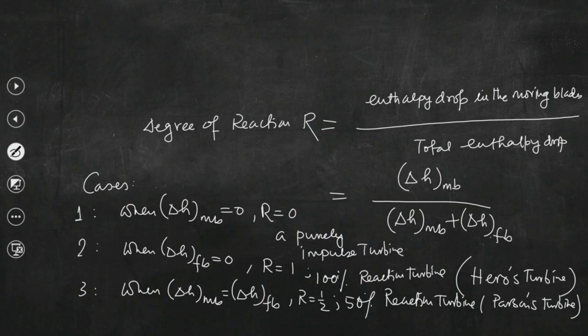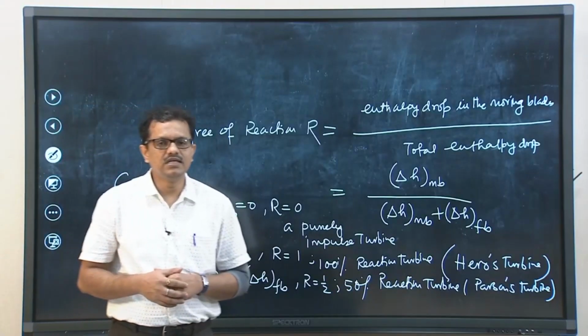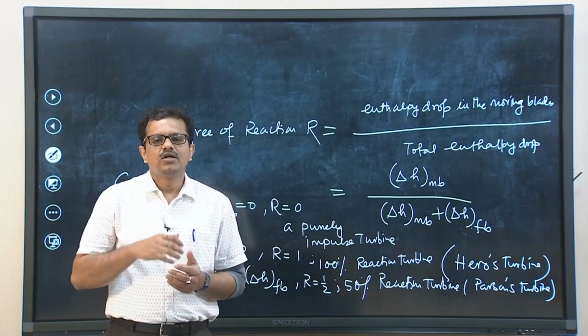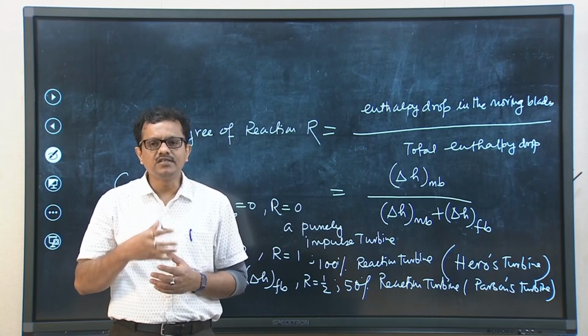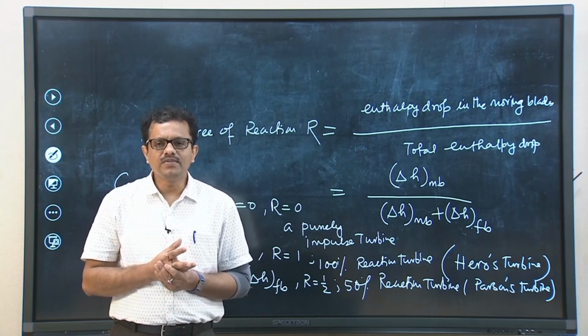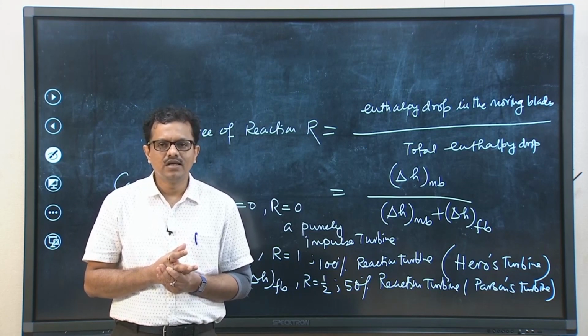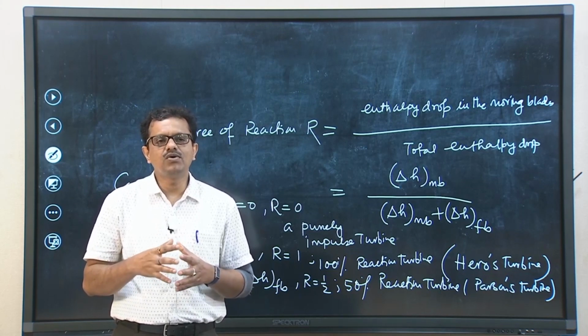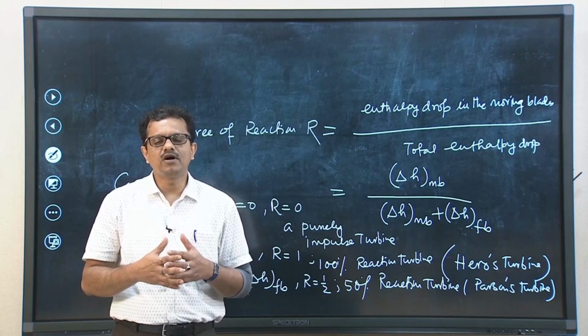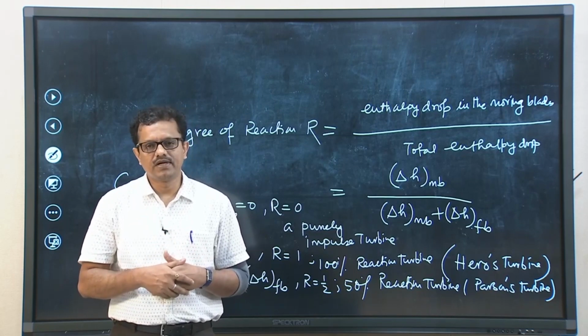So, if we try to summarize, we have discussed the steam turbine, rather the operational principle of a steam turbine. From there, we could classify steam turbines into 2 different categories, and we have then discussed the working principle of both types of steam turbines.